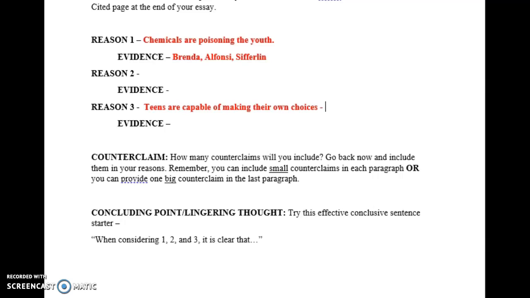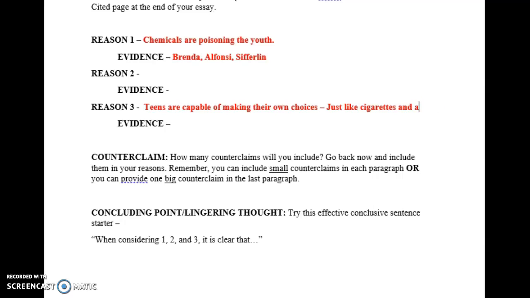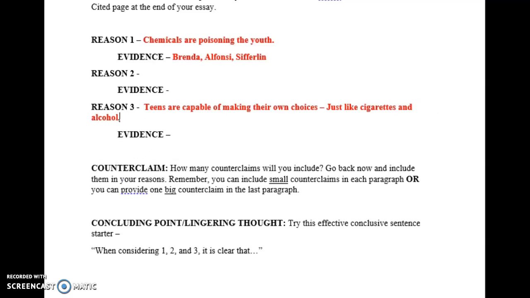She refutes that by saying, just like cigarettes and alcohol, energy drinks impact students. Oh my goodness, I can't type today.